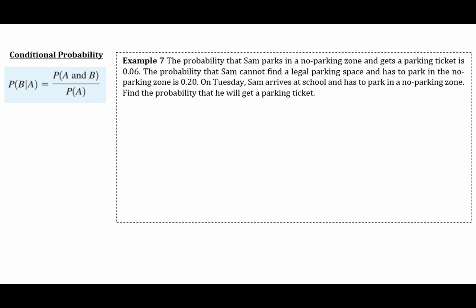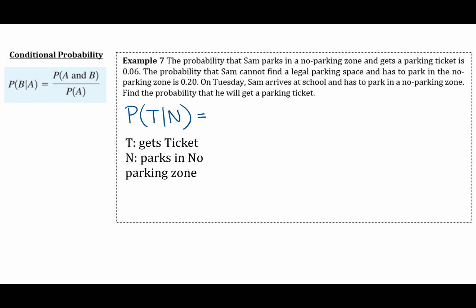Okay, so we want the probability that he gets a parking ticket given that he parked in a no parking zone. Just to clarify, T stands for that he gets a ticket and N means that he parks in a no parking zone.